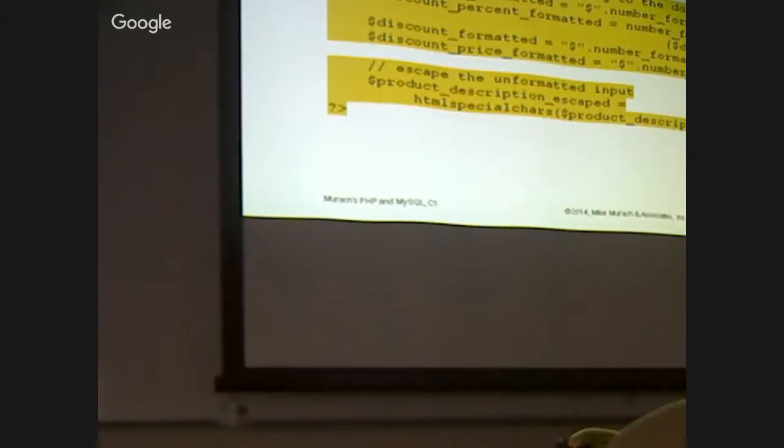So this is what we call an expression. So the asterisk here, who might know? Multiply? Yeah. So we're going to multiply the list price times the discount percent times 0.01, because we have to use it so we can make it into percentages. And then we're going to get the discount.